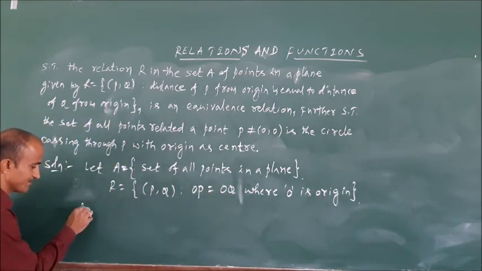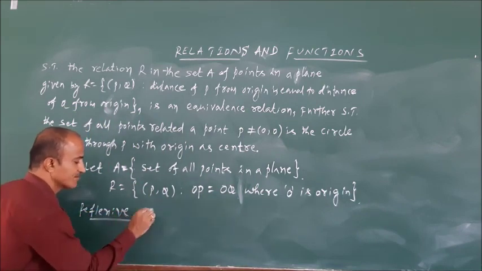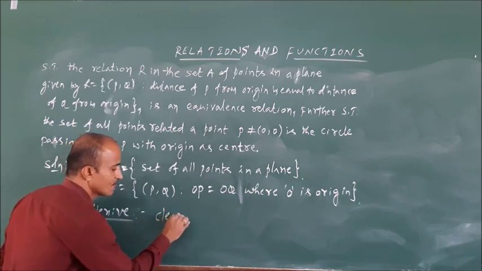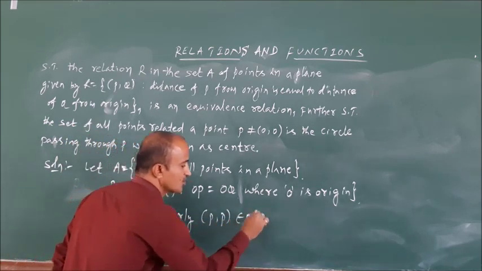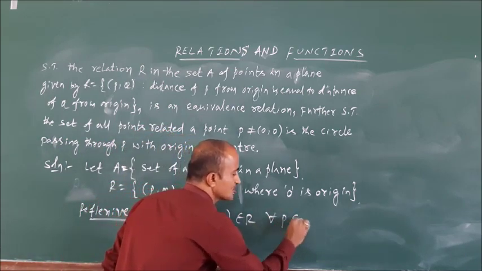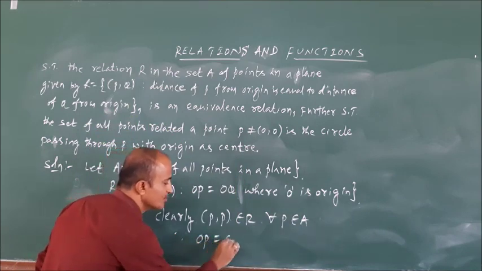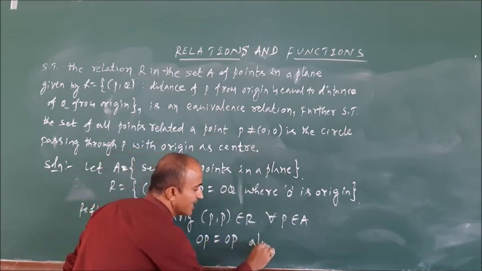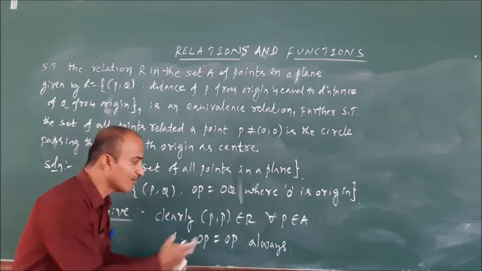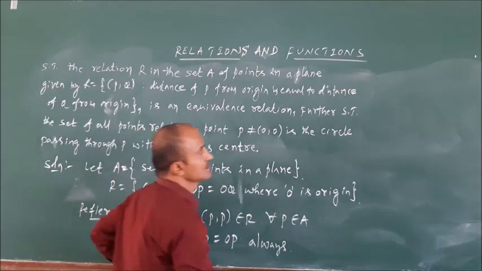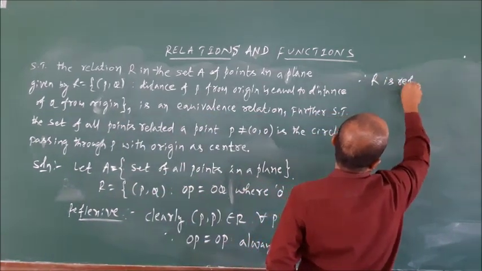Now for reflexive. Clearly (P, P) belongs to R for all P belonging to A, because OP is equal to OP always. When (P, P) belongs to R, therefore R is reflexive.